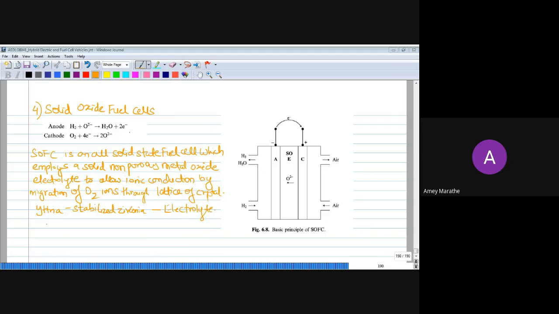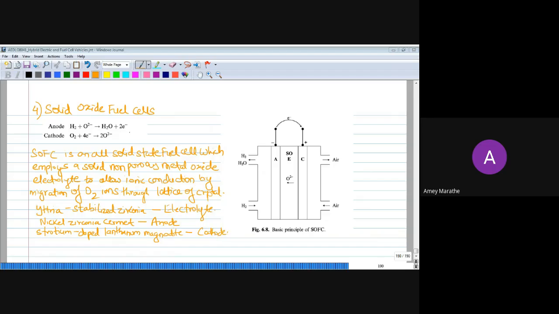Nickel zirconia cermet is used as the anode material, and strontium doped lanthanum manganite is used as the cathode material.